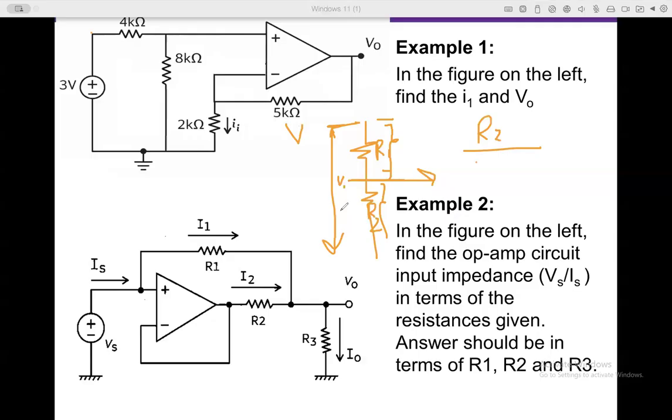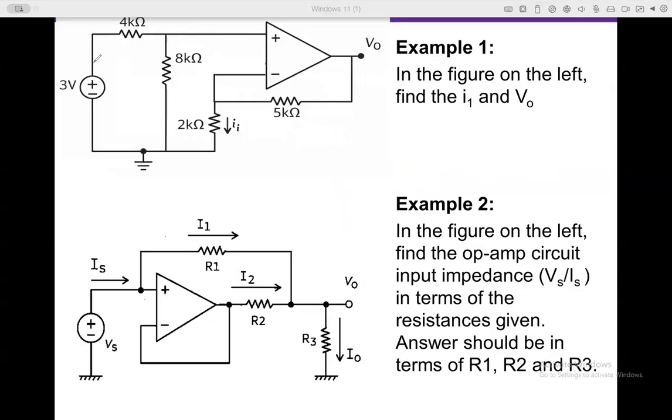Proportionally, the fraction of the resistance here is R2 divided by the entire resistance, right? Times your voltage. So if you know these four things, am I missing anything else?